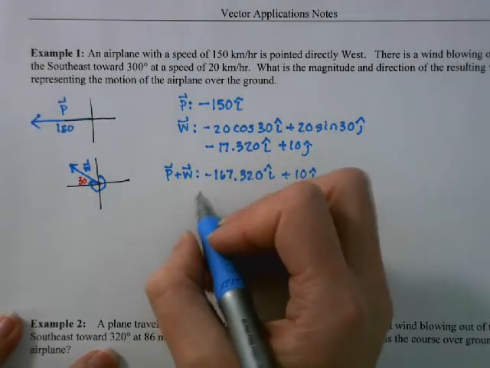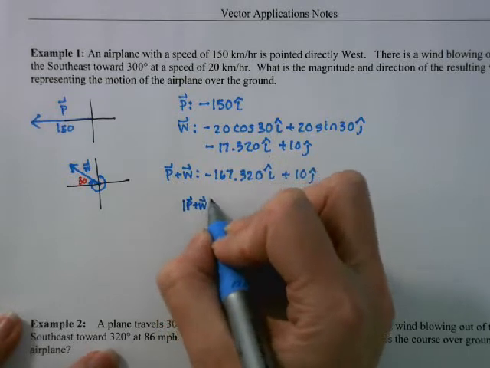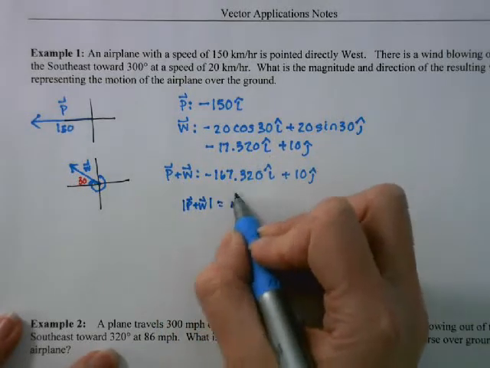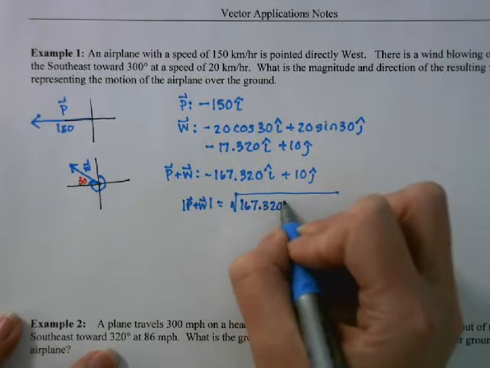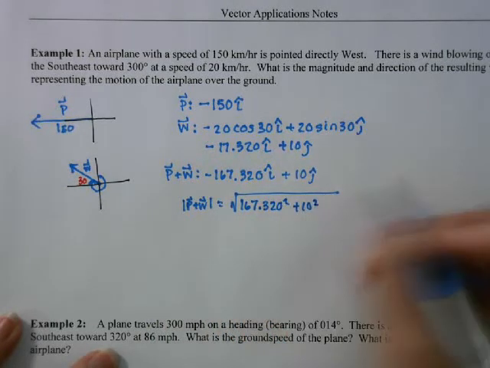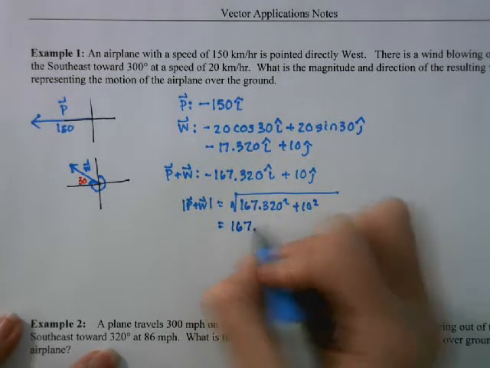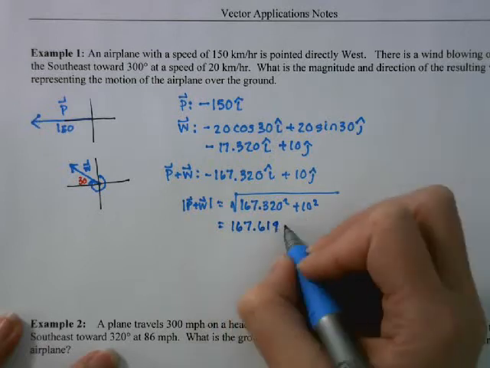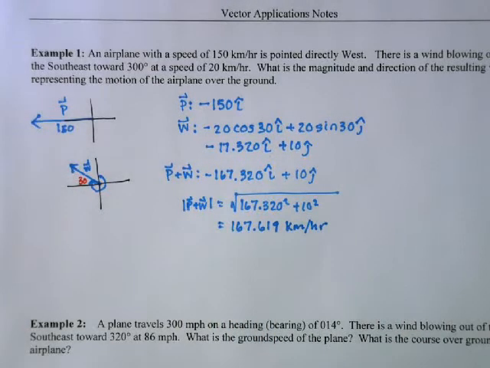The magnitude, which is going to be the speed that the plane is actually going, is going to be the square root of 167.320 squared plus 10 squared, which gives us 167.619. This would be in kilometers per hour. Like I said, this has a tailwind, so we're going faster.